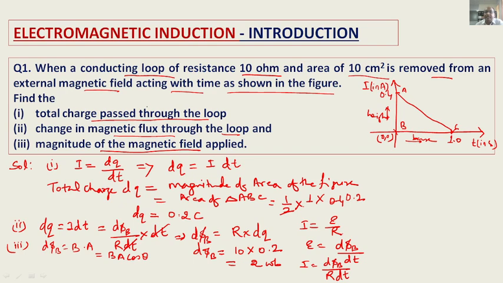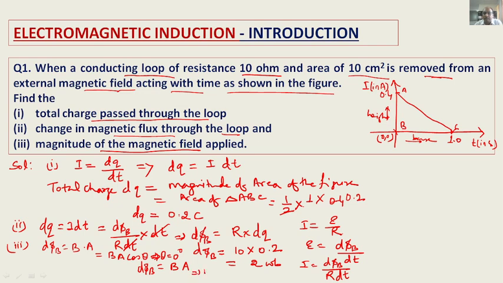As it is written that the conducting loop is removed from an external magnetic field, in that case theta will be equal to 0 degree. Due to this, cos 0 will be equal to 1. So we can write d phi b is equal to magnitude of B and magnitude of A.